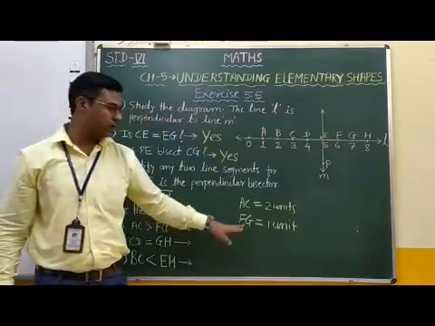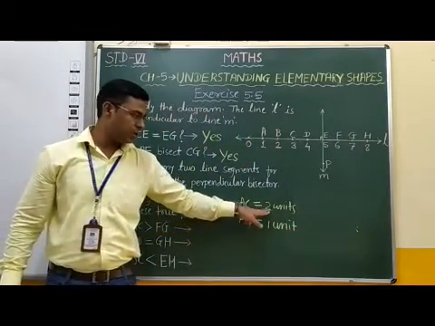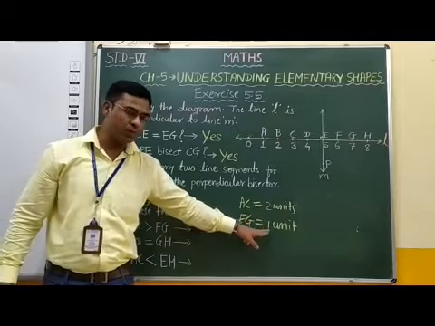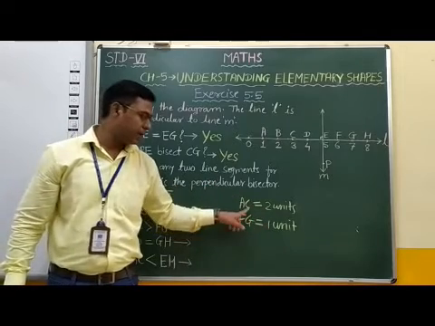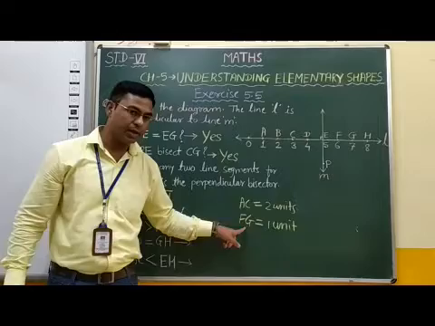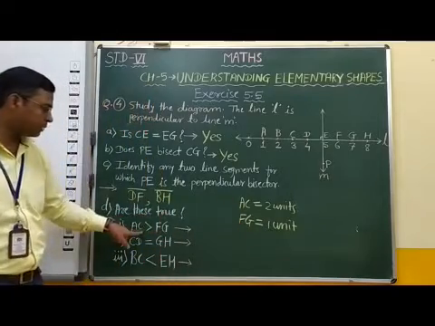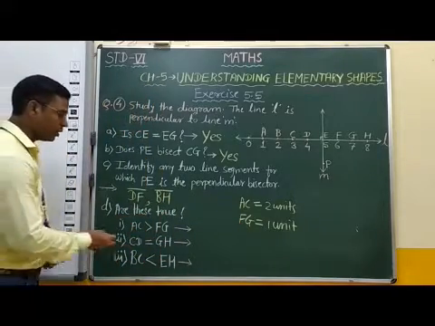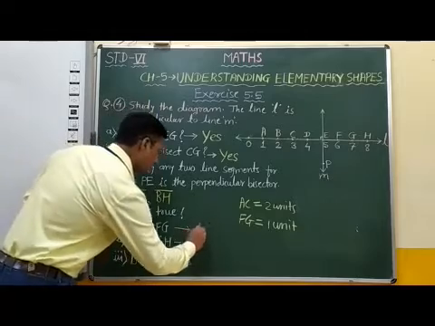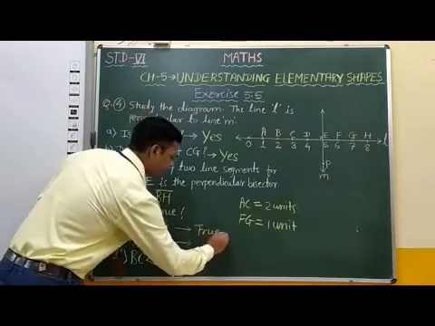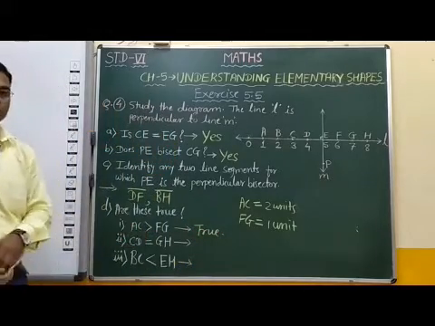Therefore, AC is 2 units, FG is 1 unit, so AC is greater than FG. The same thing is given here. Therefore, the given condition is true.